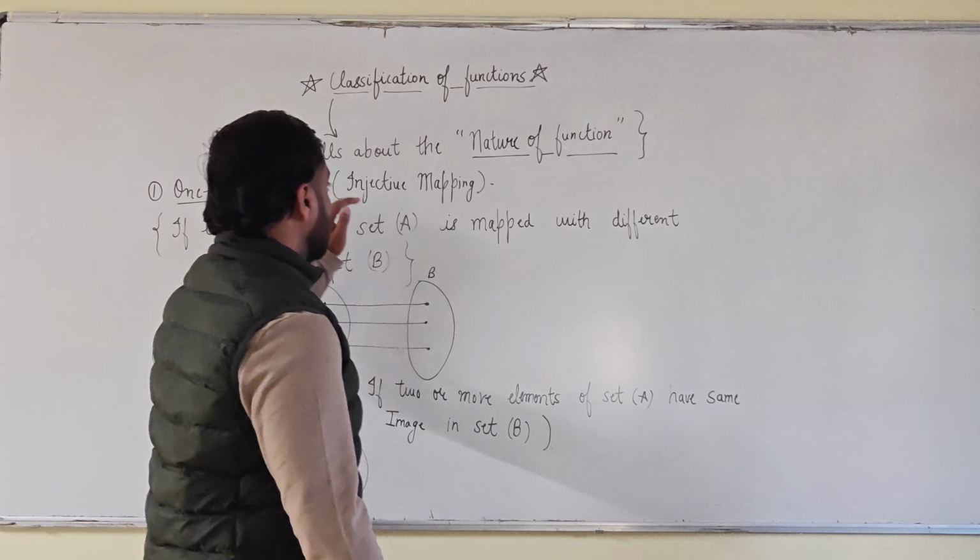This method is known as the graphical method. The second method is the derivative method. If the sign of the derivative does not change, then f is one-one. If the sign of the derivative changes, then f is many-one.